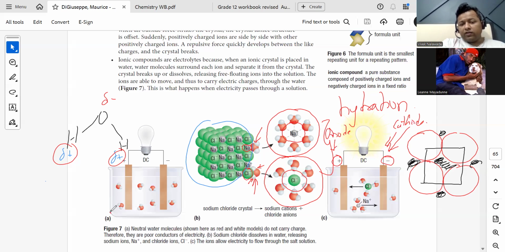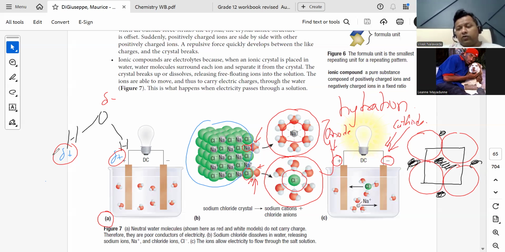So if you see in this figure, there are no ions present. So if there are no ions, what happens? No electricity is conducted. But if there are free ions, electricity is conducted.